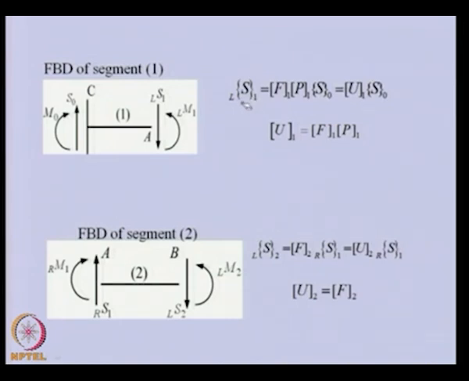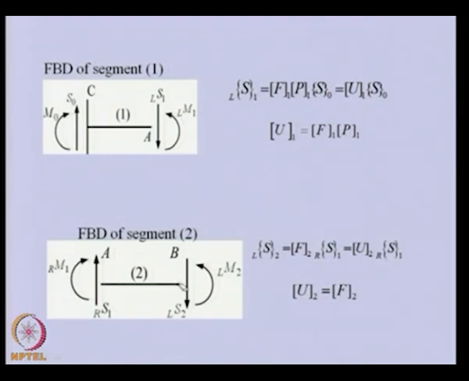Similarly, this is shaft segment 2. In this, the support is at this end. You can see that now we are writing the state vector relating the right of support 1 to the left of station 2.